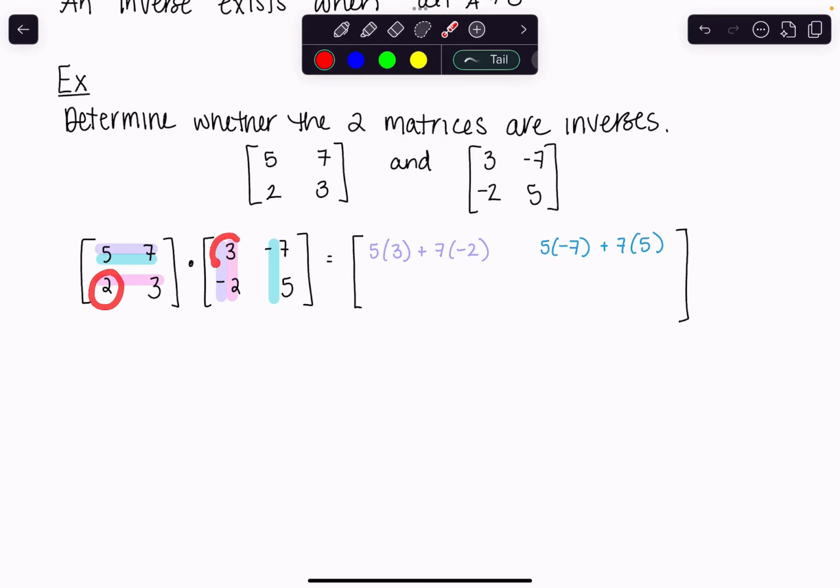So we got 2 times 3 in that first spot, and then we have 3 times -2. And last but not least, second row, second column. So we have 2 and -7 in the first of each of those, and then we have 3 times 5 being added.